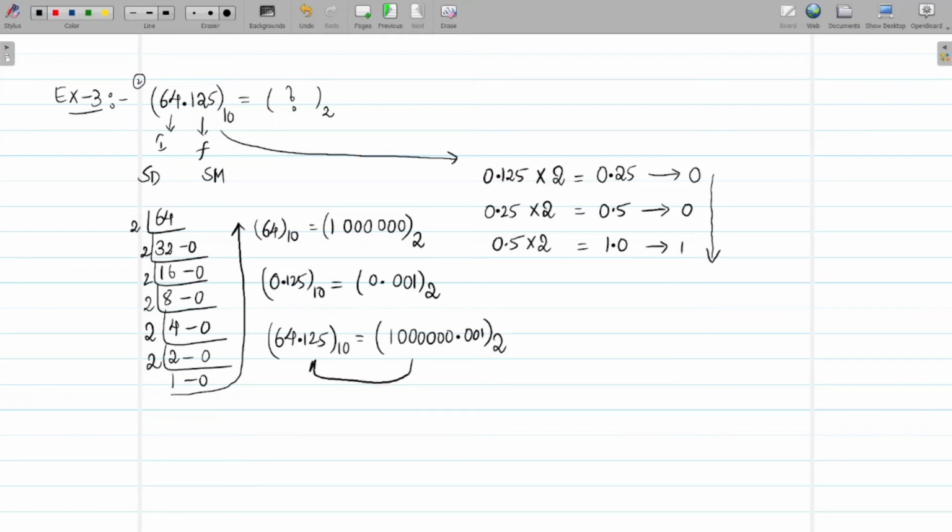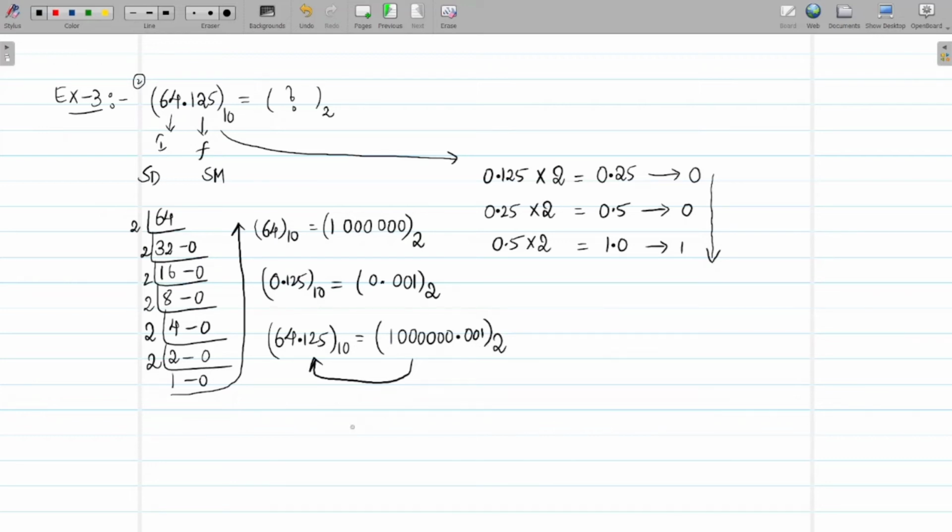For the integral part, there is no need to verify again, because you have only one 1 in the integral part. So you get 2 power 0, 2 power 1, 2 square, 2 cube, 2 power 4, 2 power 5, 2 power 6. 2 power 6 value is 64. So 64 into 1 is 64. You got the same value.